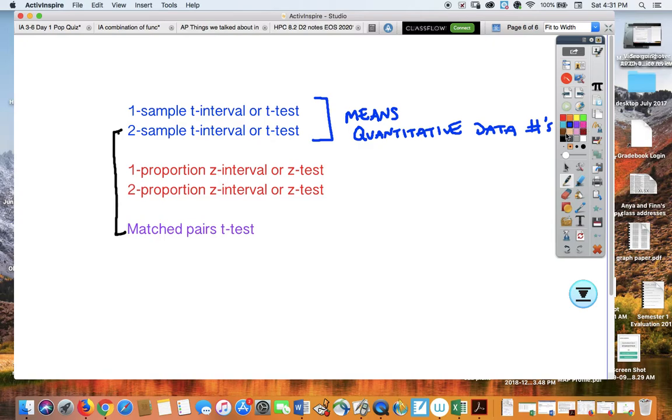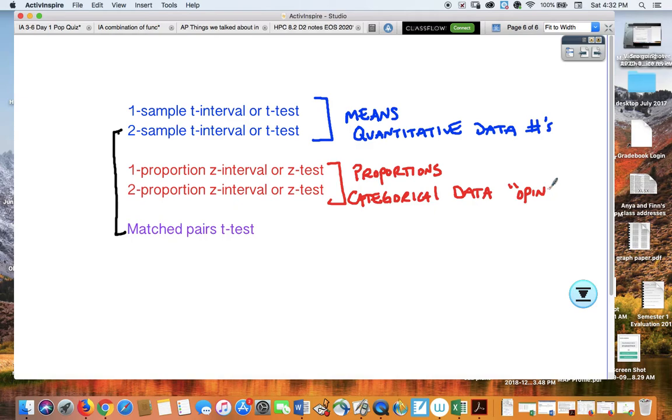If you're doing problems that are involving proportions, then you're going to have categorical data. Categorical data would be like maybe opinions, or something that puts you into a category.